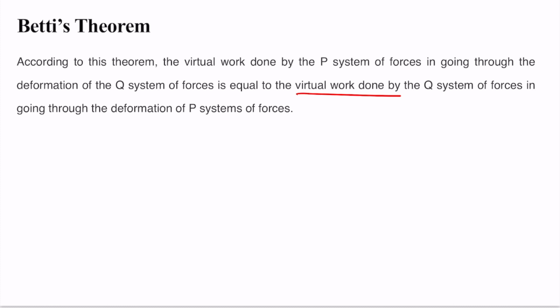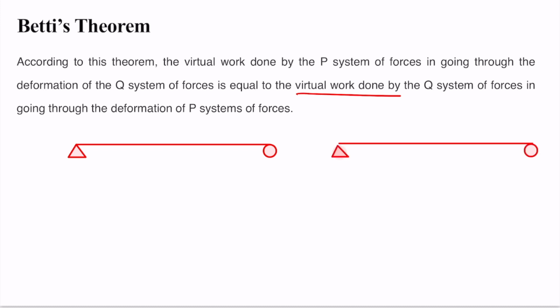So what does it actually mean? For example, if we have two systems of forces, let's call one the P system of forces and the other the Q system of forces. Here we have a simply supported beam in both the cases. We call the first system the P system of forces because I'll apply load P here, and the second the Q system of forces.